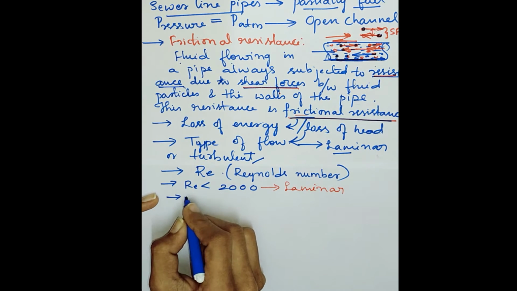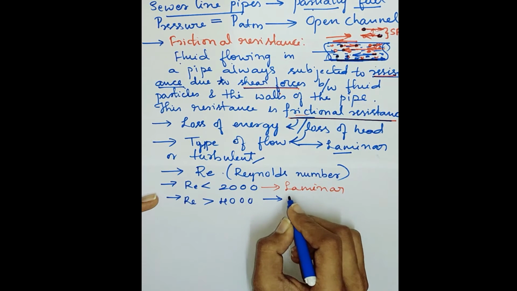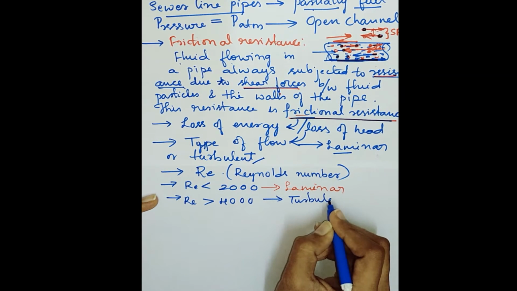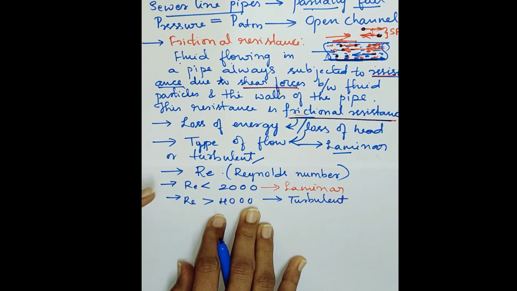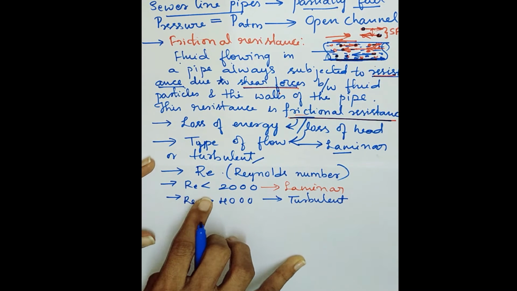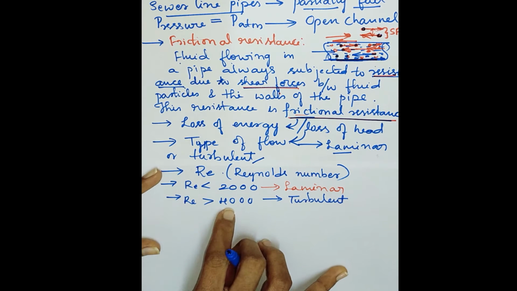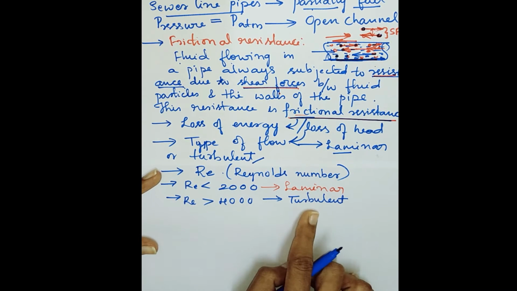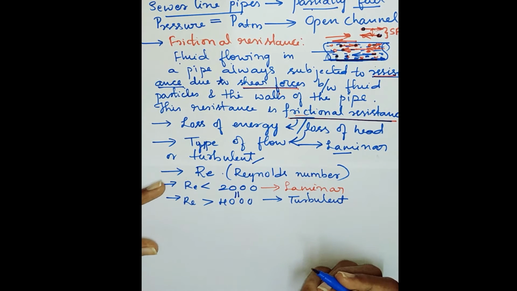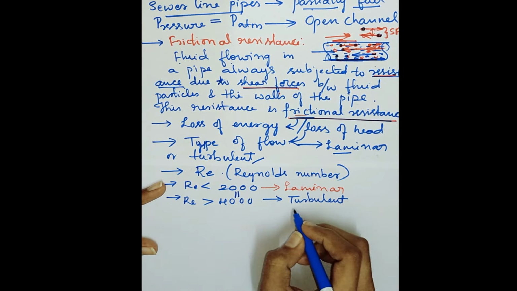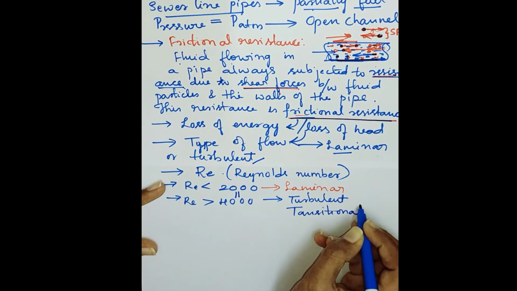If Re is more than 4000, then it is a turbulent flow. If it lies between 2000 and 4000, then that is called a transitional flow. Okay.